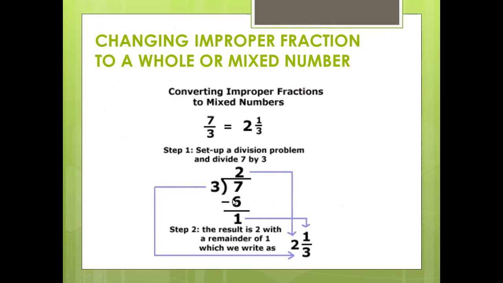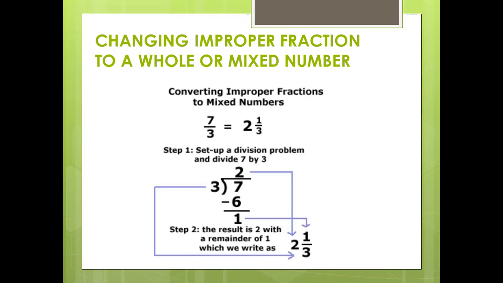So this is the usual division setup. And then we have 2 as our quotient and 1 as our remainder, and 3 as our denominator. Step 2, the result is 2 with a remainder of 1, which we write as 2 and 1 over 3, or 2 1/3.